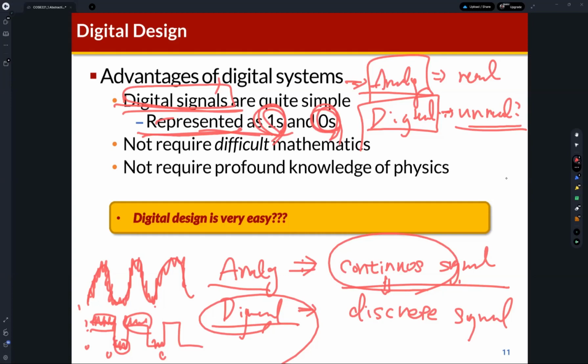Some students do not agree with me. But discrete mathematics is much easier than real mathematics, right? So we don't require difficult mathematics in computer systems, and we also don't require profound knowledge of physics. Physics is also a difficult subject.